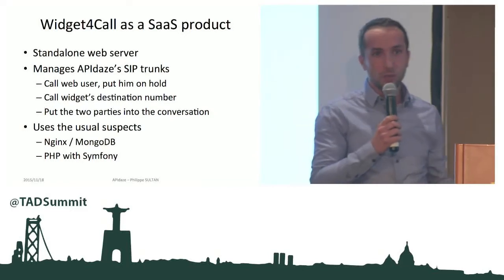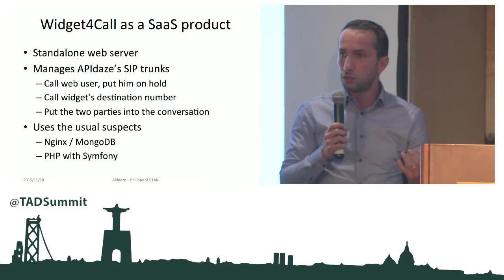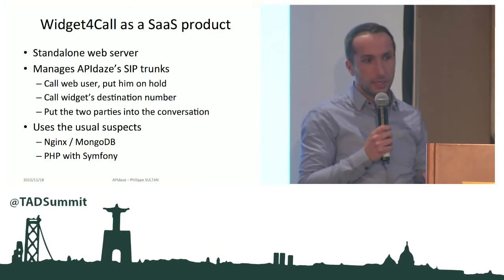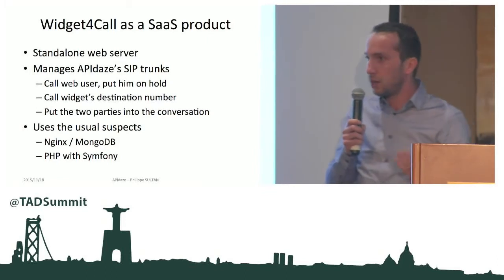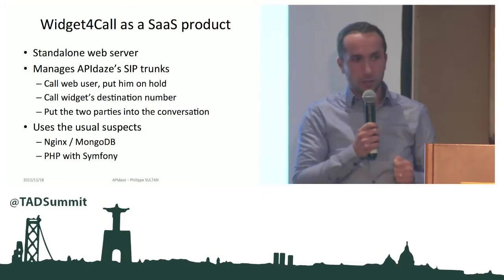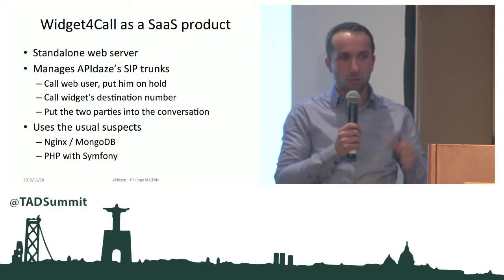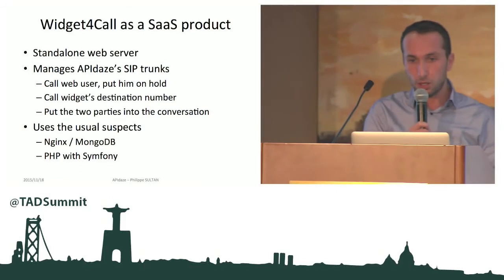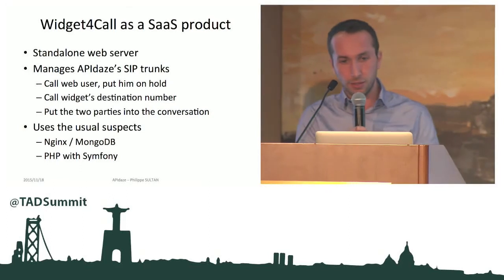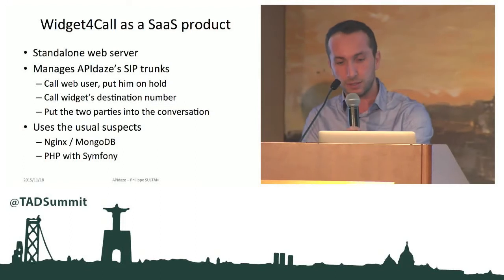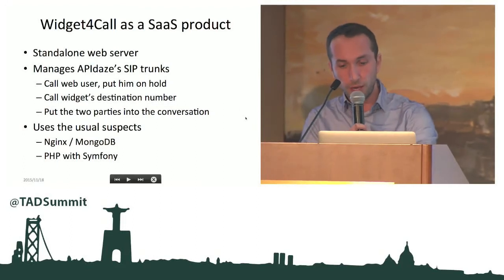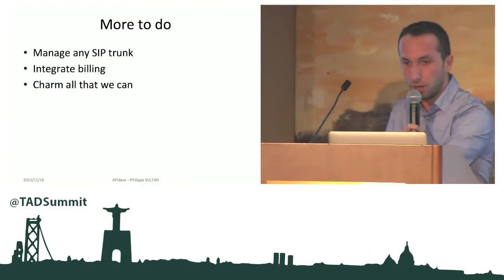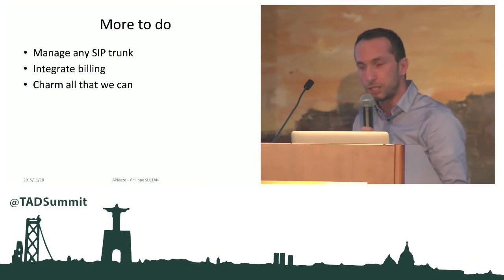What we want to do next with Juju is to be able for an operator to say, okay, I can instantiate my website, I can instantiate this back office, and now I can provision a SIP trunk, and I want this back office to be able to drive the SIP trunks so that the operator will be completely independent using its Widget for Call instance. For that, we still have to work on this SIP integration.